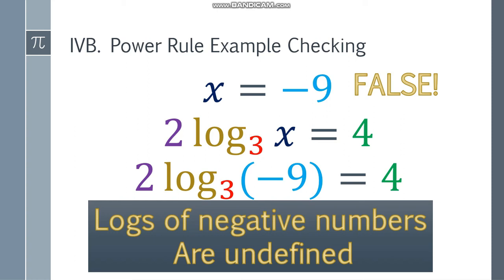And also special thanks to Engineer Enrico Punsalan for clarifying this one. Thank you very much. I was also confused, but I've also already checked it in the calculator. Even if you have a problem like 2 log base 3 of negative 9, even if there's an even number in the coefficient, the power rule could not save the argument. No, it's still undefined. You may also want to check it.